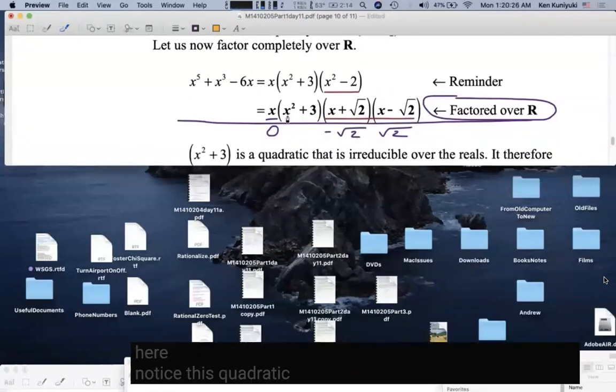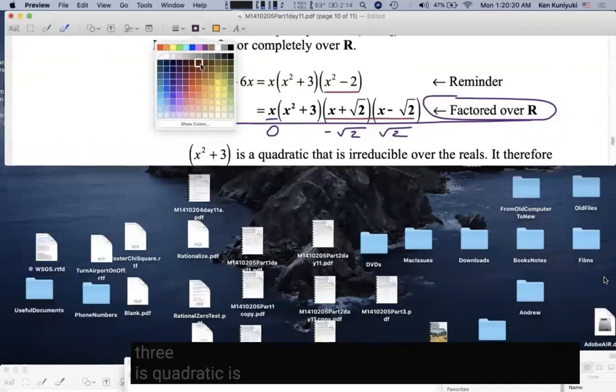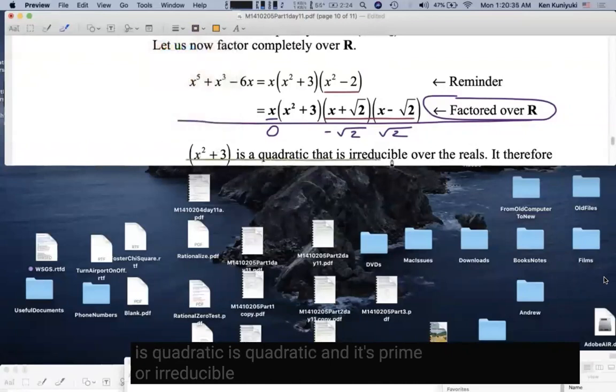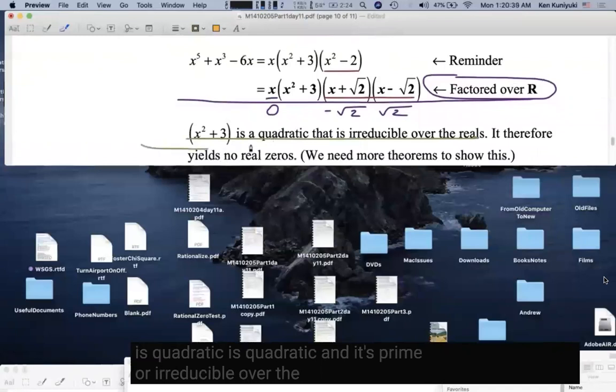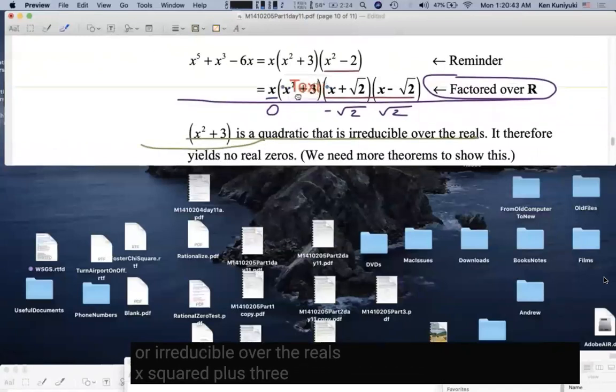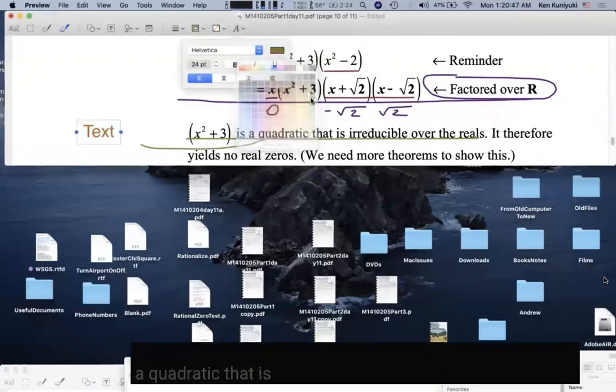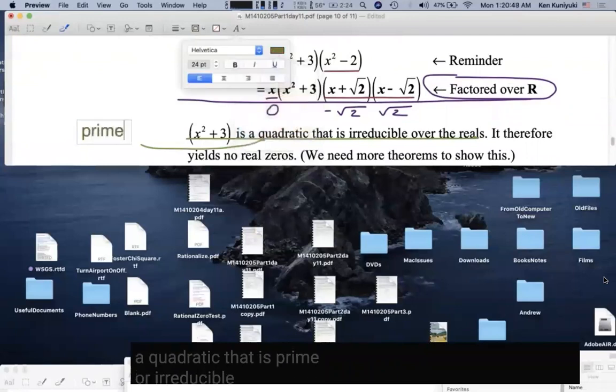And we have no real zeros coming from here. Notice this quadratic, x squared plus 3, is prime or irreducible over the reals.